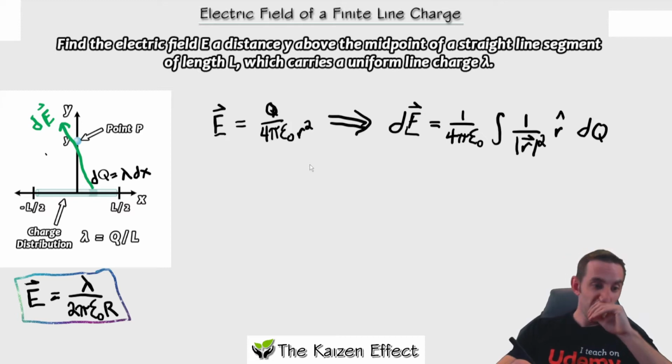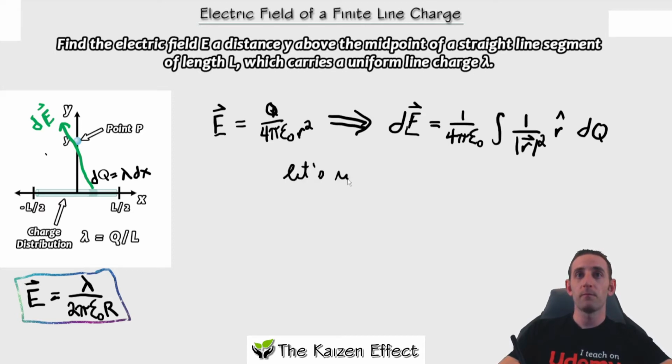Now, an aside. Let's recall unit vectors, okay? We know that r hat is no different than vector r over the magnitude, right?